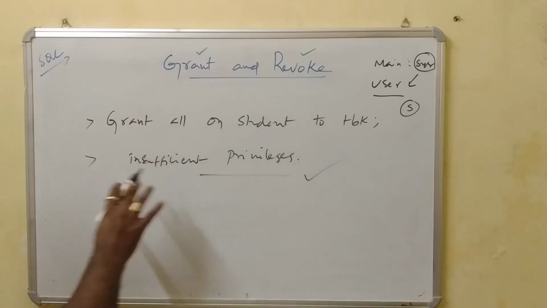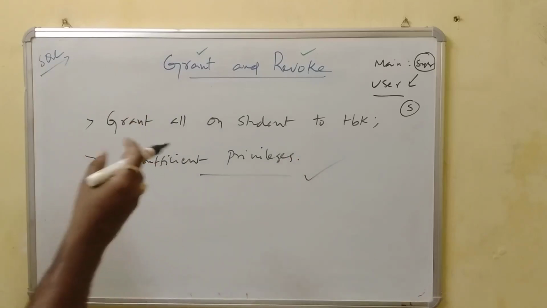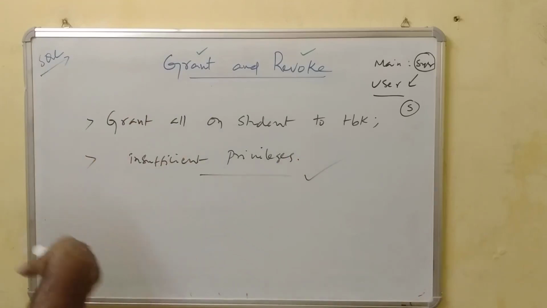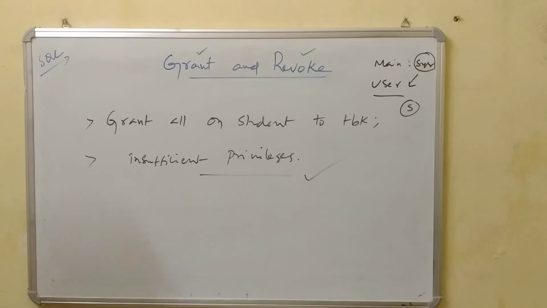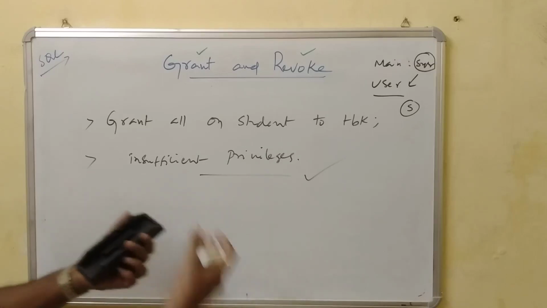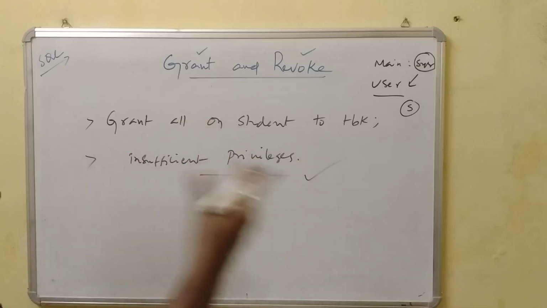This is because the administrator has given you the permission to work on the tables, but from that user position, we cannot grant permission to some other student or some other user, right?